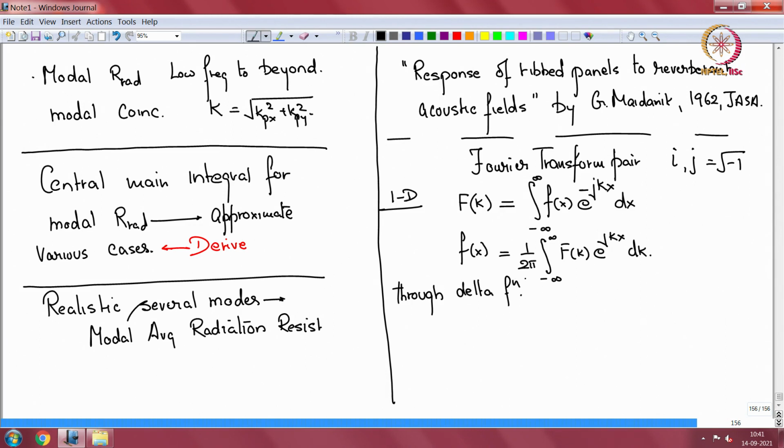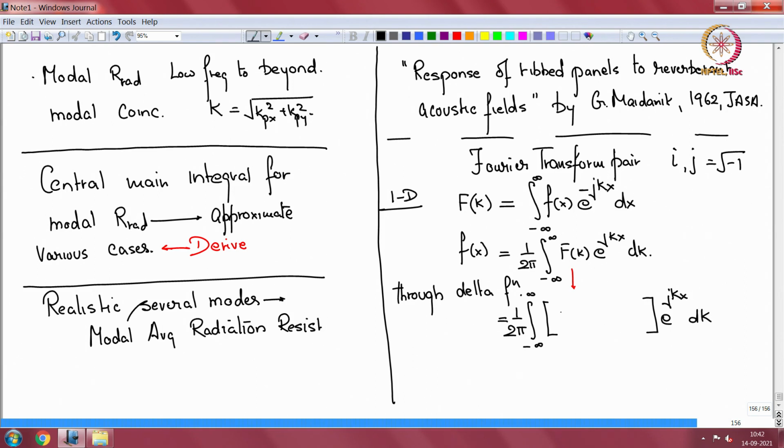So let us see. Now if I try to get back, using circular arguments, I have 1 over twice pi, integral minus infinity to infinity, then I have F of k, so let me put e to the power of j k x dk here to begin with.